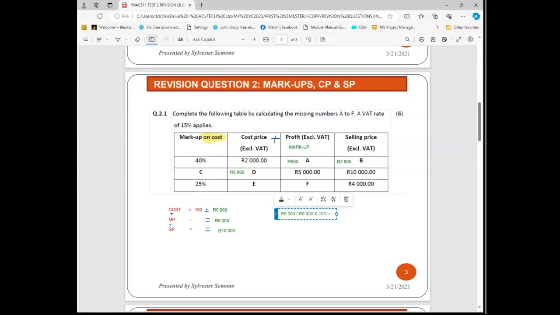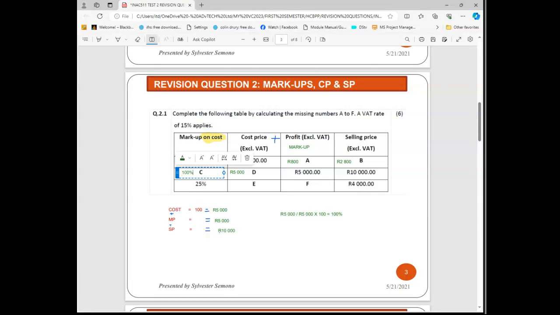And obviously it's going to be how many percent? 5,000 and 5,000. Divide, not multiply. It's 100%.